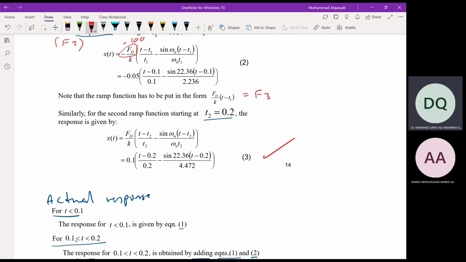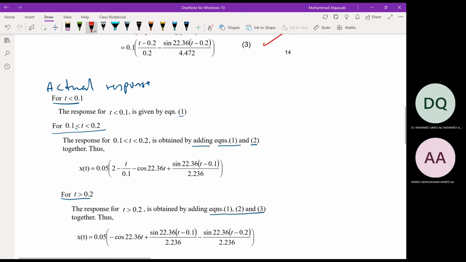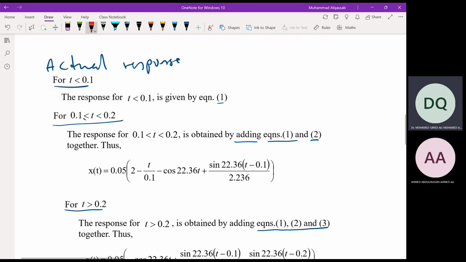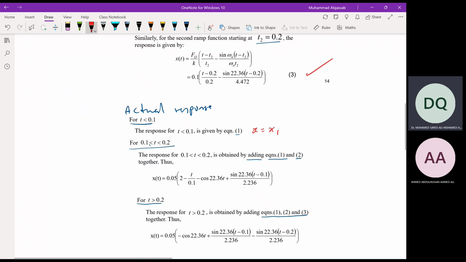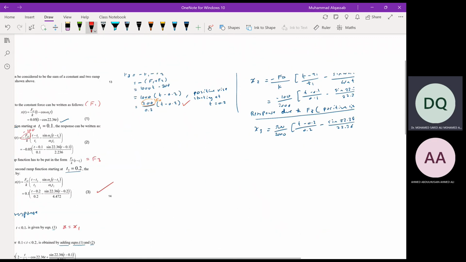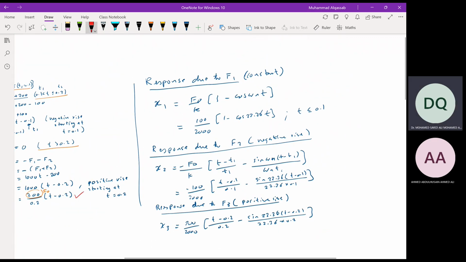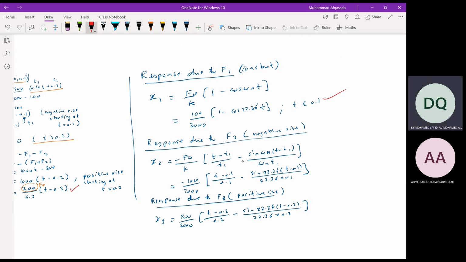The actual response is, for t less than or equal to 0.1, x equal to x1 only, the first equation, like we did last time. We call this x1, and then we call this x2, and we call this x3.